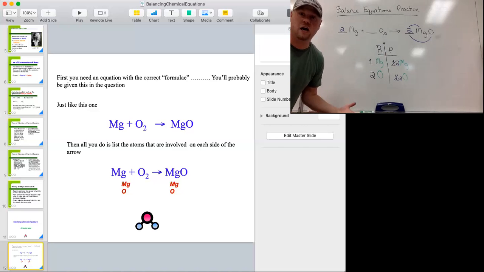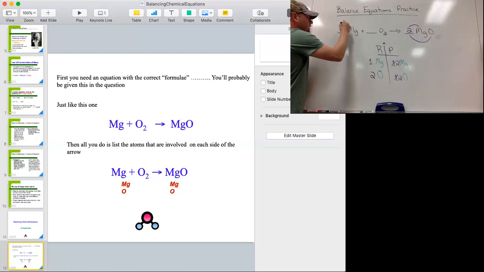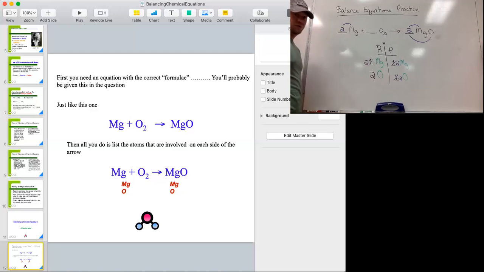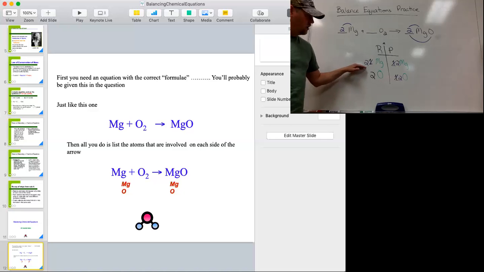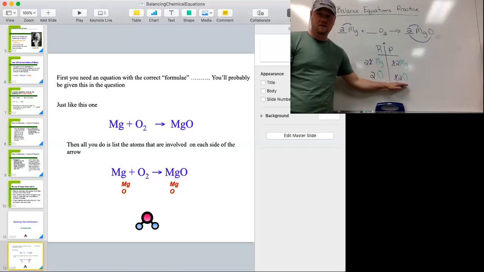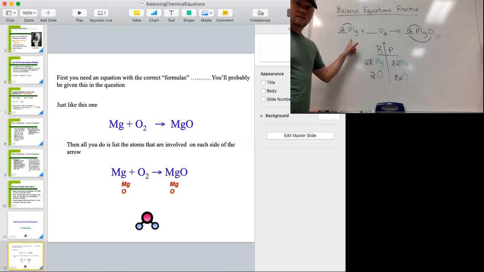It's magnesium. What we are trying to accomplish here is that when we look at our wrap table, all of the numbers for the elements are balanced. And once we are able to do that, guys, that's how we balance a chemical equation.